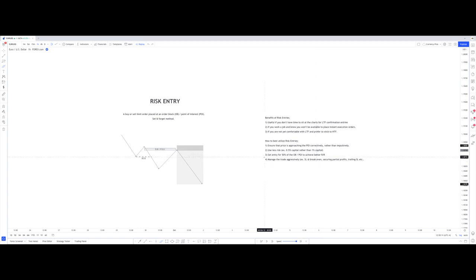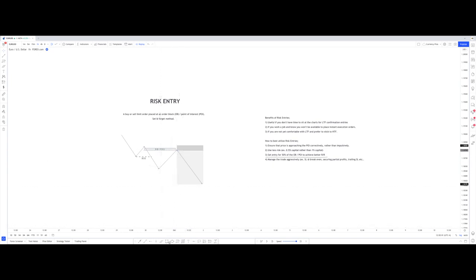So number three, one of my favorites, set the entry for 50% of the order block / POI to achieve a better risk to reward ratio. So basically, instead of setting your entry for the open of the POI, right? In this scenario, that bottom of the rectangle tool would be the open of the order block / POI, and the entry is set for there, right?